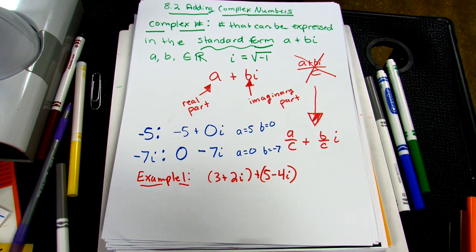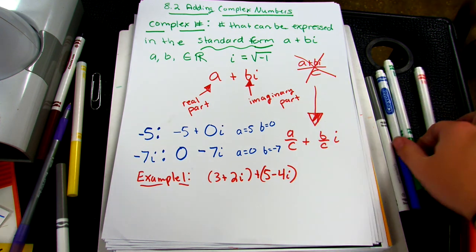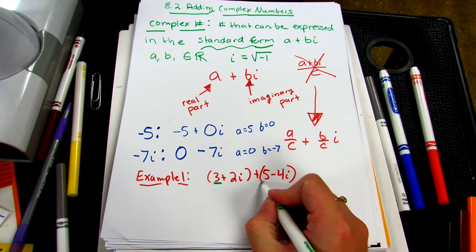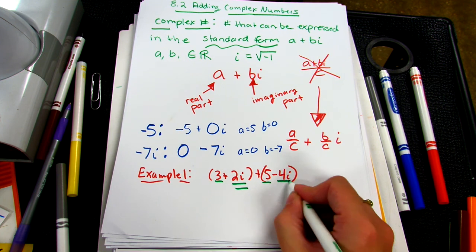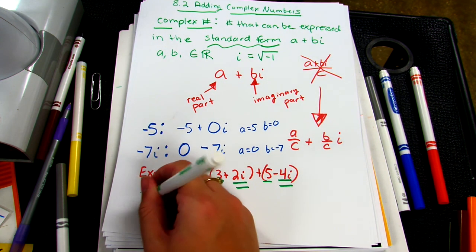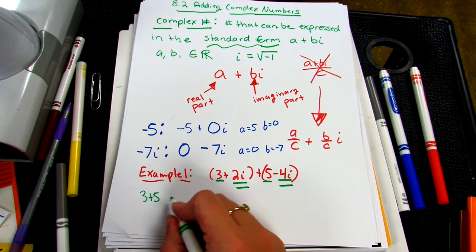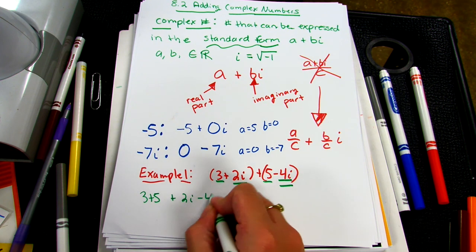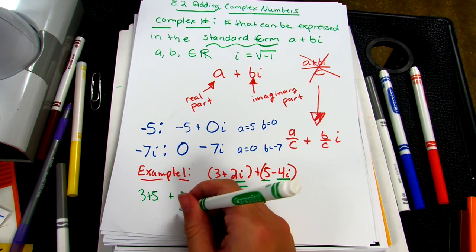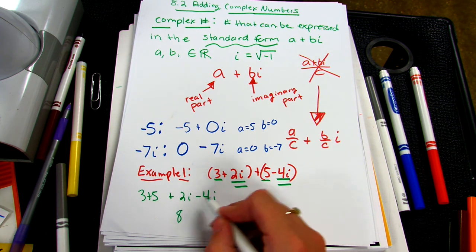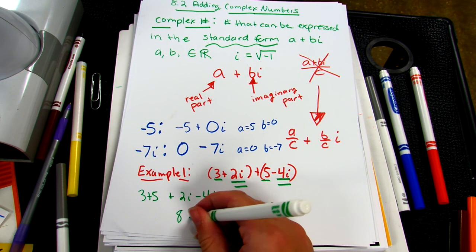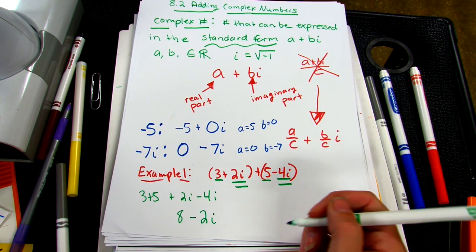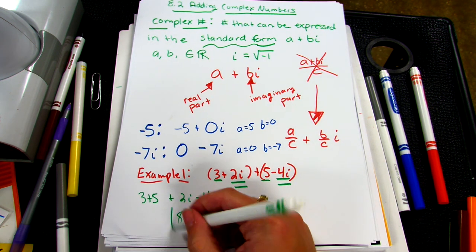We can go ahead and drop the parentheses and just combine like terms. So 3 and 5 can combine, and 2i and minus 4i can combine. So 3 plus 5 plus 2i minus 4i. So 3 plus 5 is 8. And then 2i minus 4i, think of it like this, 2 minus 4 is -2, so -2i. So that would be our final answer.